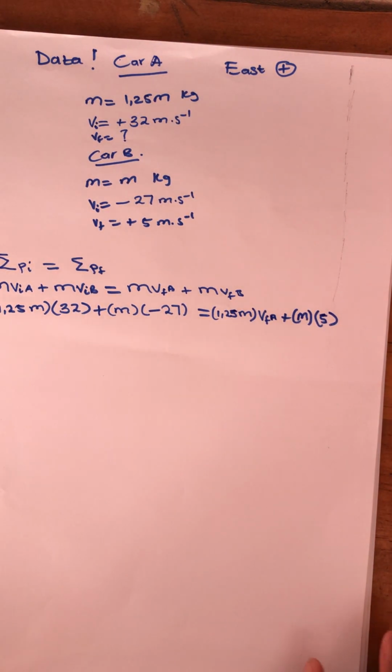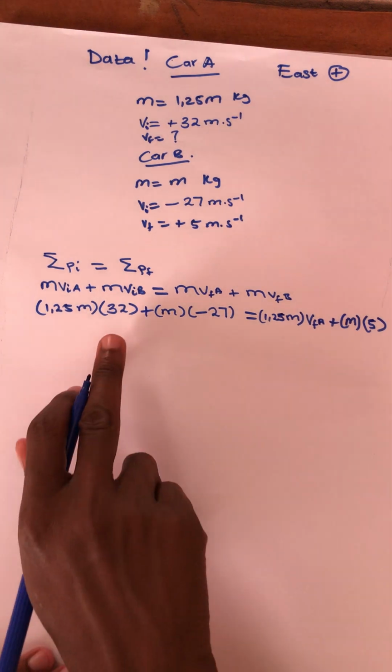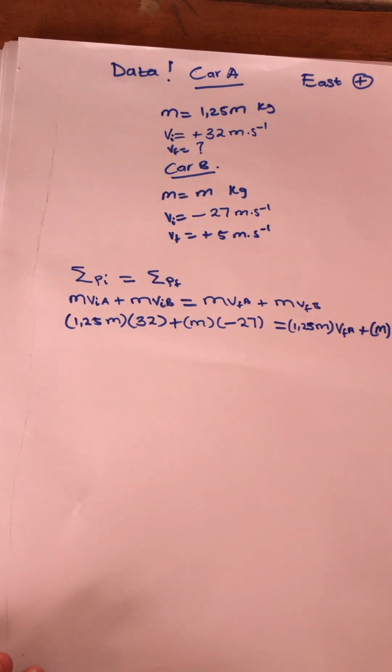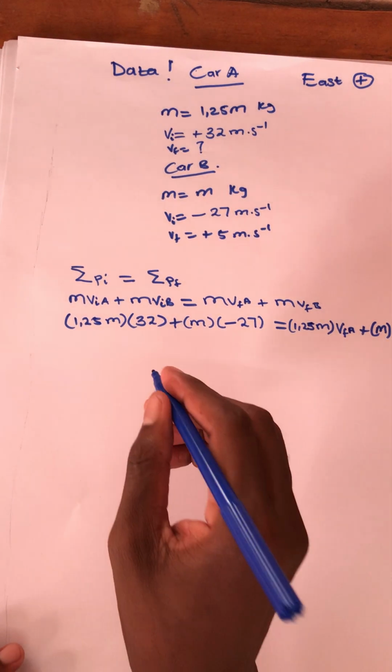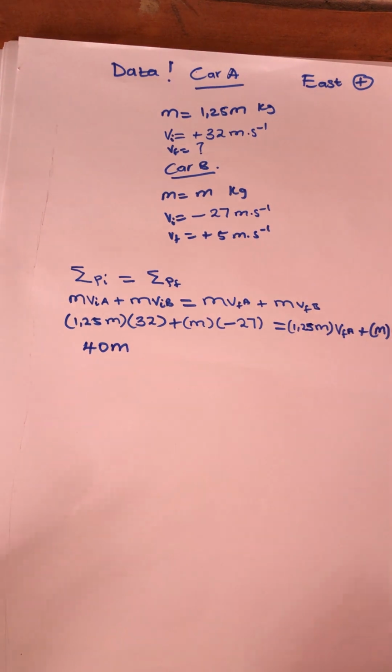So now let's do the math. We have 32 multiplied by 1.25 m, that will give us 40 m.